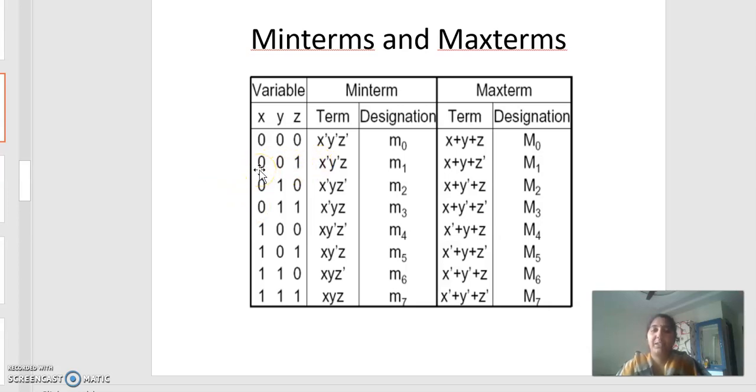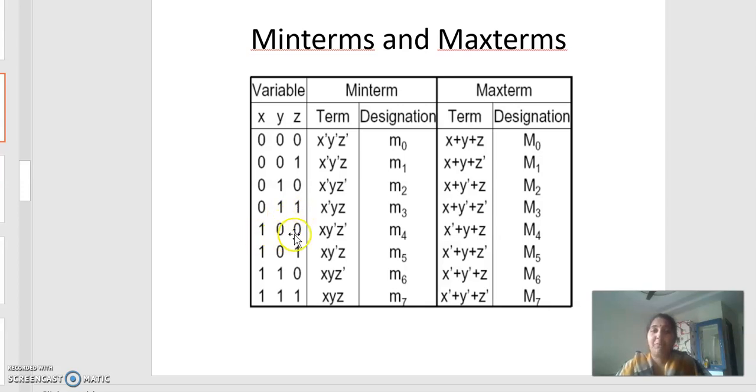So when 0 is there, we should take the direct variable. When 1 is there, we should take the complement variable. Based on that, we can write down the maxterm for the combination 0 1 0 as x plus y bar plus z. Next, x plus y bar plus z bar.